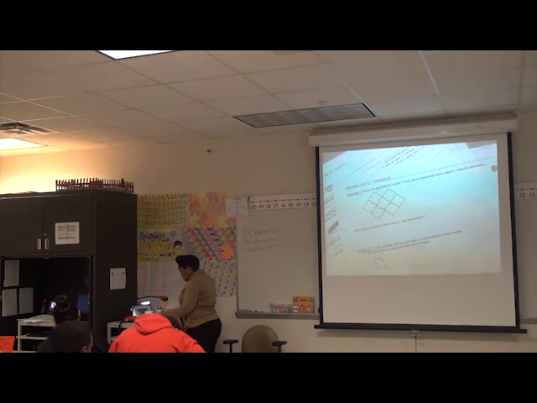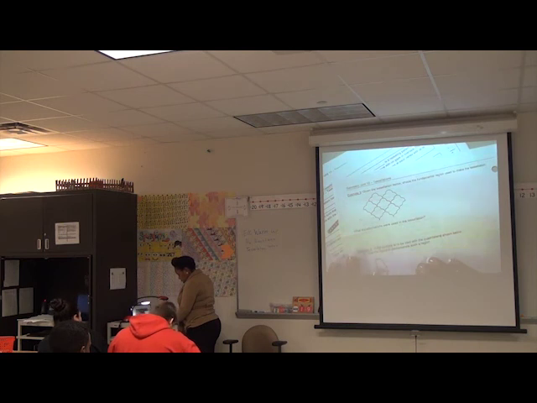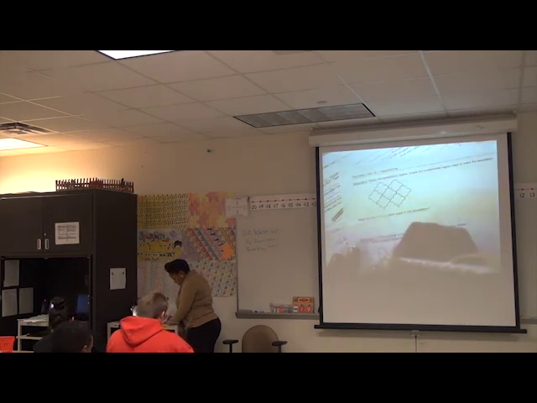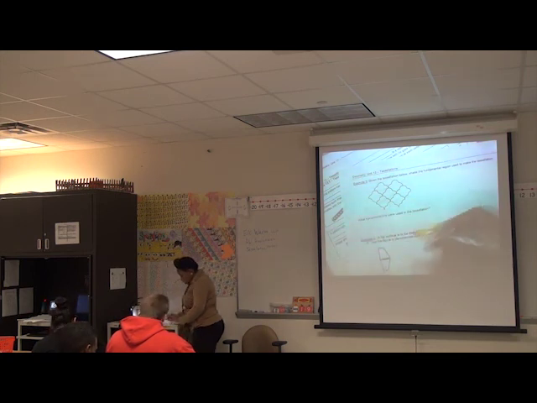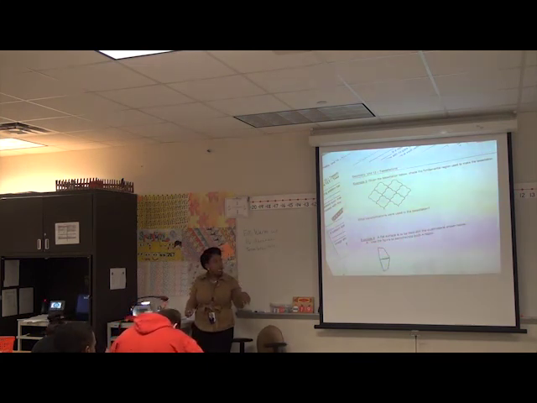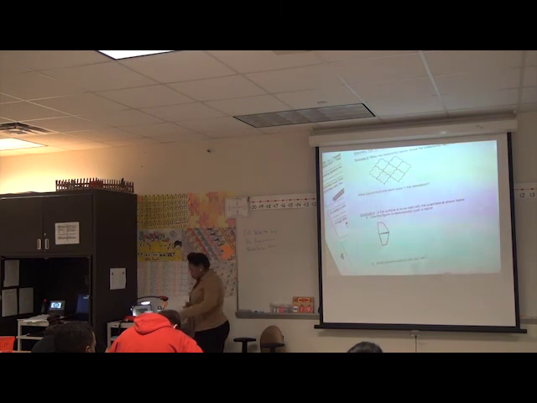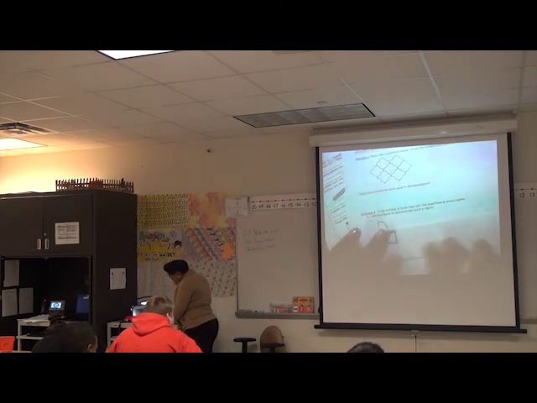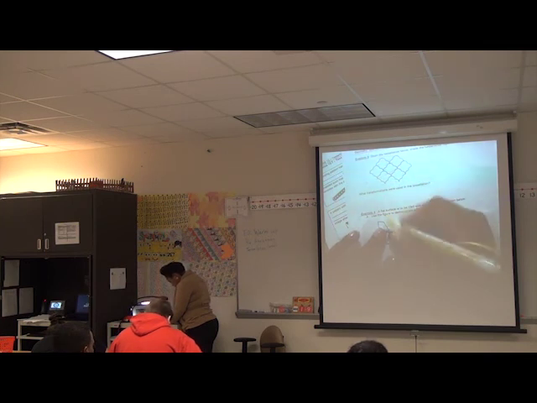Or if I wanted to flip it over and make life a little bit easier, I can reflect it. And then I can have my shape right there. Now remember, the key to tessellating a picture is that it can't have any gaps or overlaps. So you can take that image and keep turning it different ways, as long as it meets up and you have no gaps or overlaps, then you have created a tessellation.